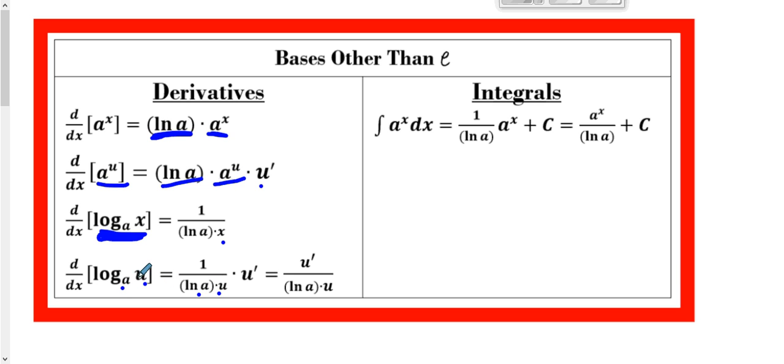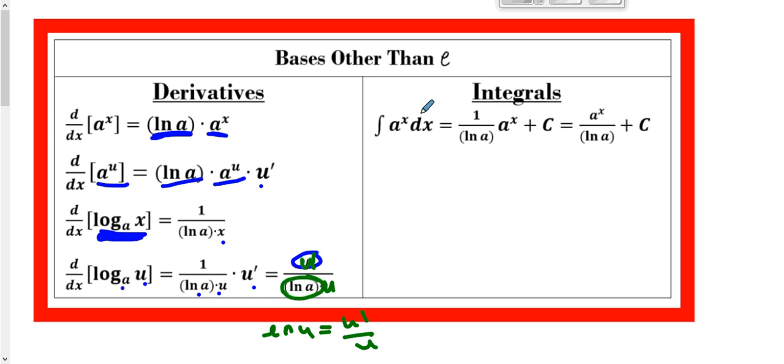But then you just need to multiply on the end by the derivative of u. You can also put that on top, which is what we usually do. Remember, the derivative of ln of u was u prime over u. Well, here's our u prime over u. We're just multiplying by an ln of a in the bottom because we divide with logarithms.